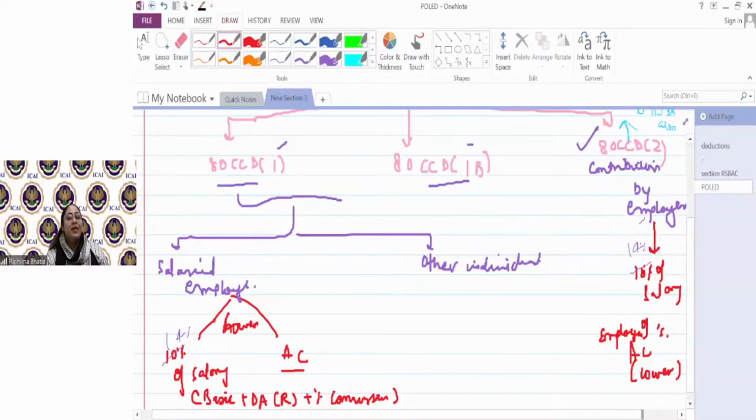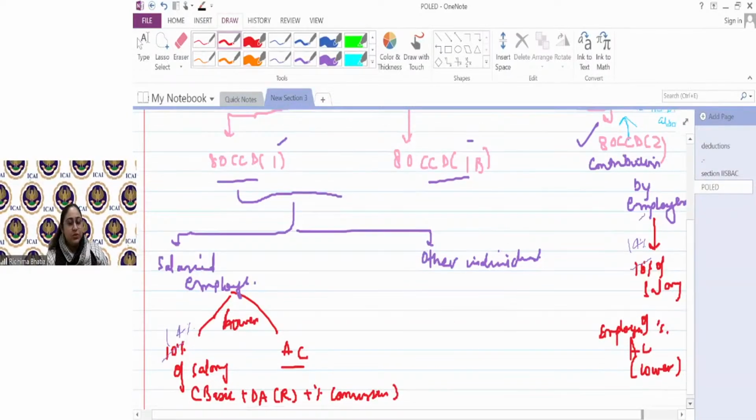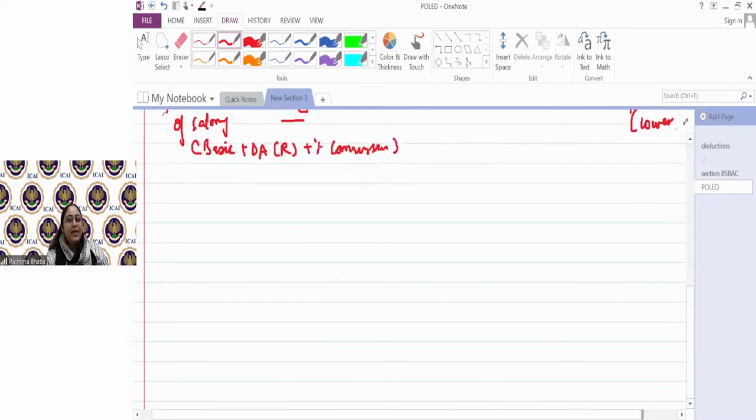So 80CCD1 and 80CCD2, ma'am, we understood a little. So let me give you an example to understand CCD1 and CCD2. For example, a person is having a basic salary of 10 lakhs. Okay?